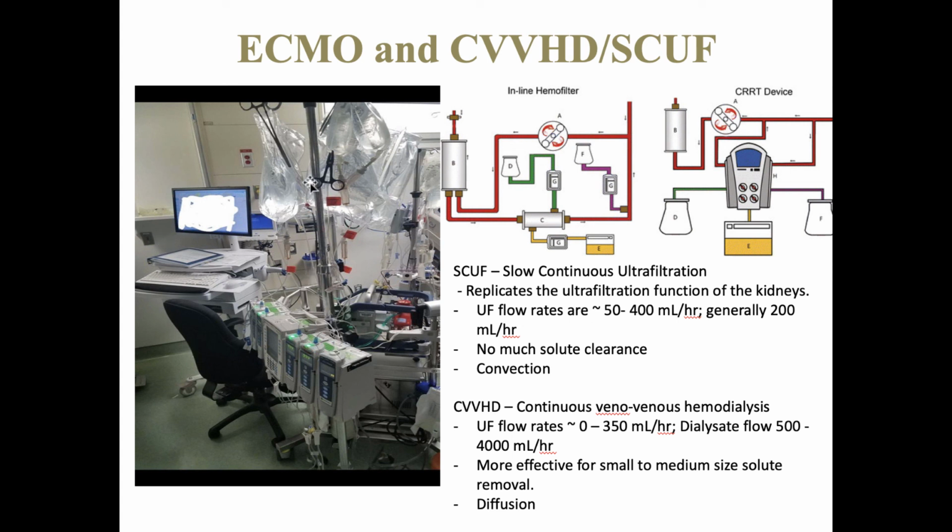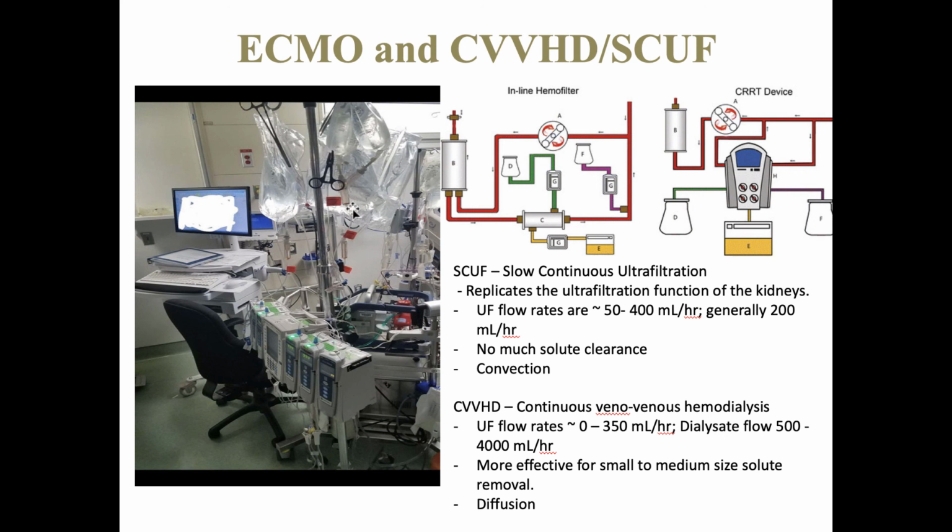And in this specific unit, we manage the SCUF and CVVHD, or when we're giving dialysate to our patients on our end. So the RT is doing this. So here you see a bunch of Alaris pumps, and here you see a bunch of bags of dialysate.